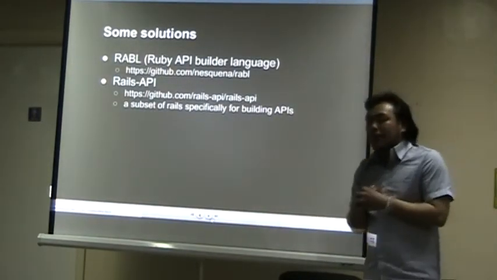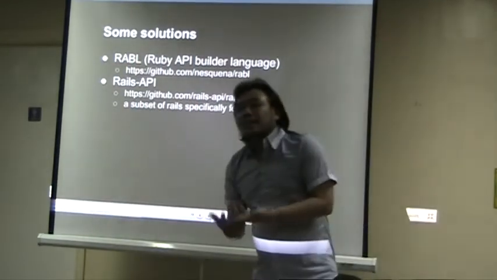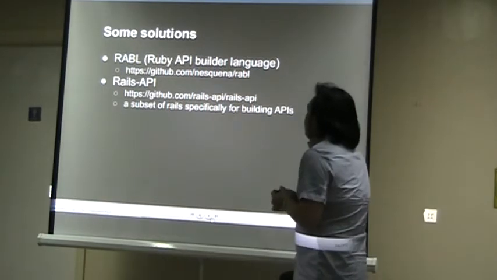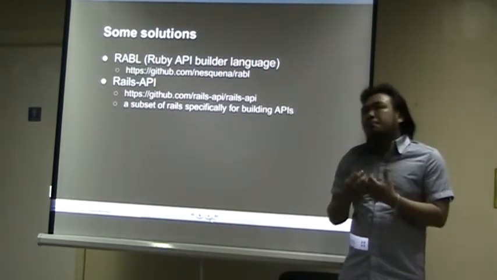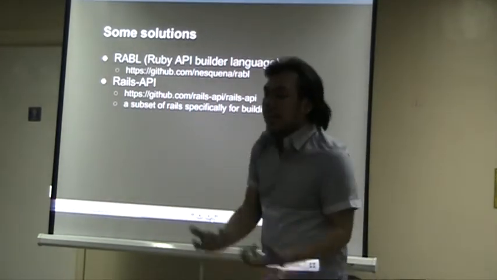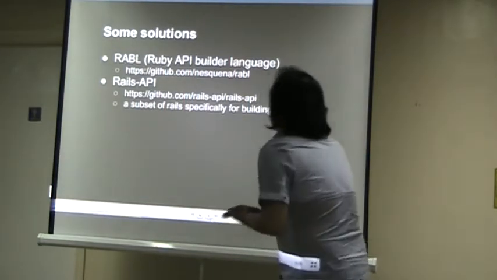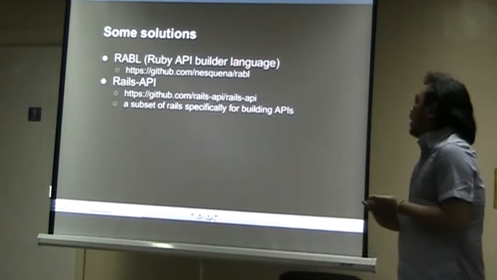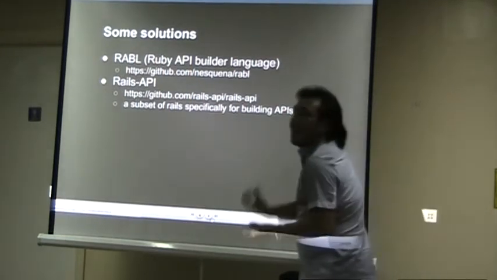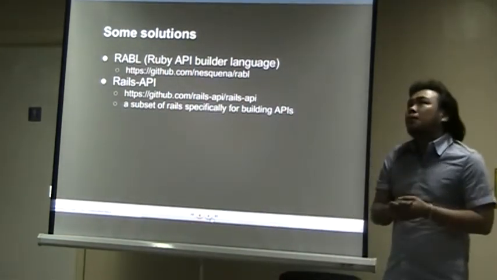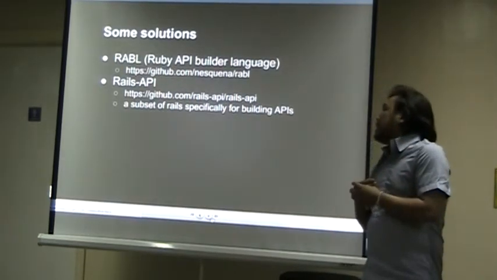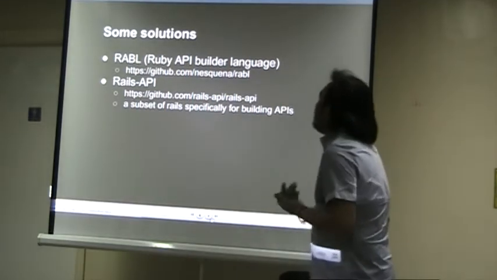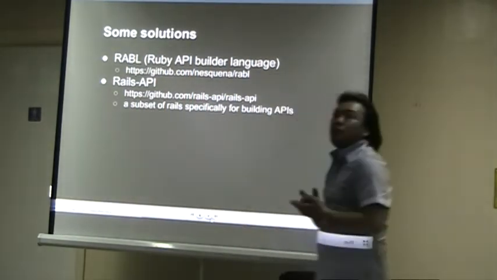Fortunately, a lot of people have also tried to build APIs with Rails, and they've built a few gems to help with that process, again, to support that entire process of mobile client building. So there's Rabl, which is a Ruby API builder language, sort of used for the view layer, so that it's easy to generate data that can readily be consumed by your mobile apps.